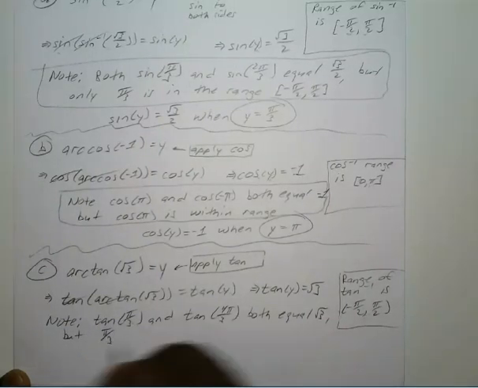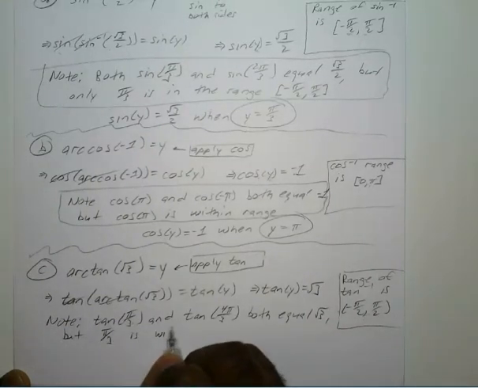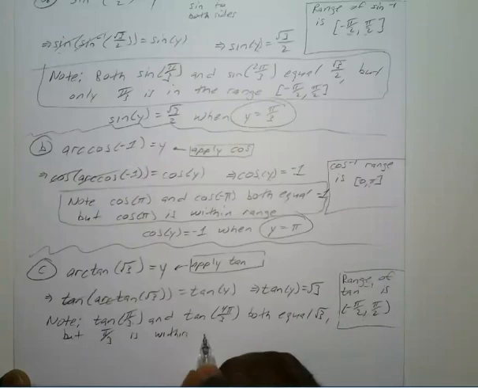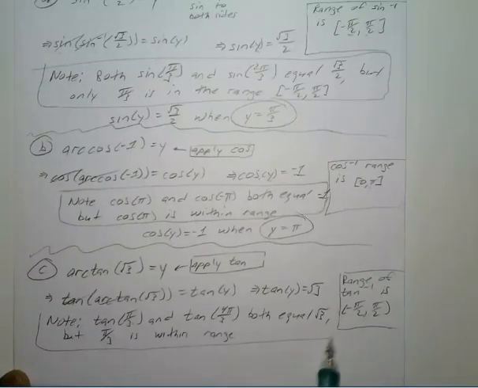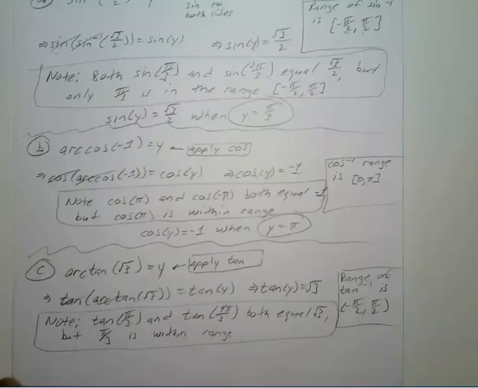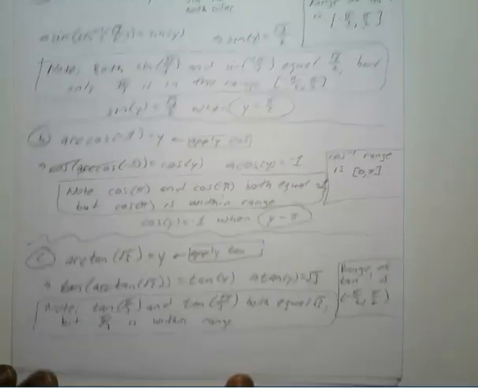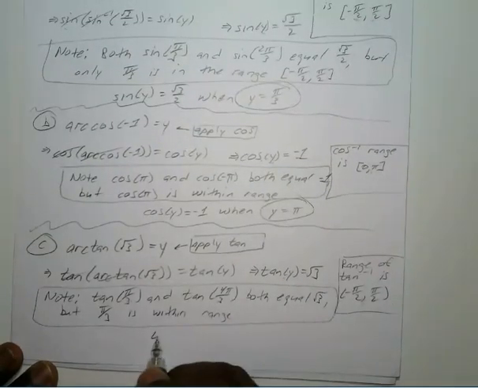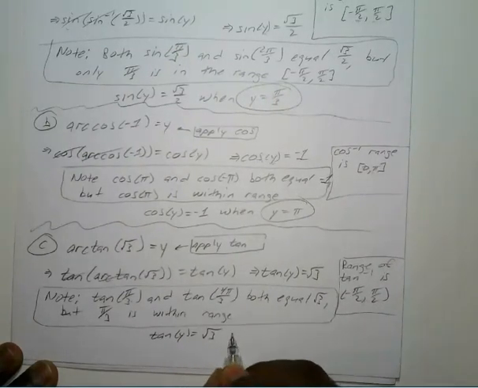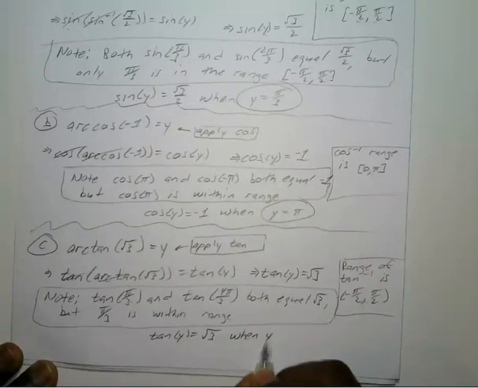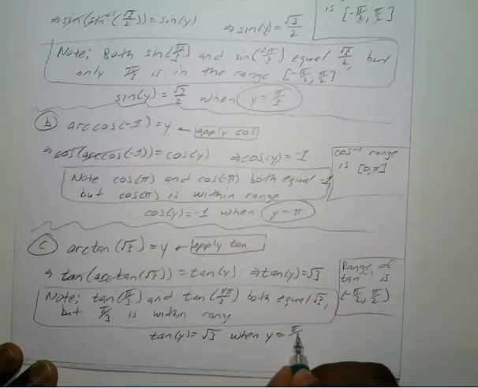So we know that tangent of y equals square root of 3 when y is equal to pi over 3.